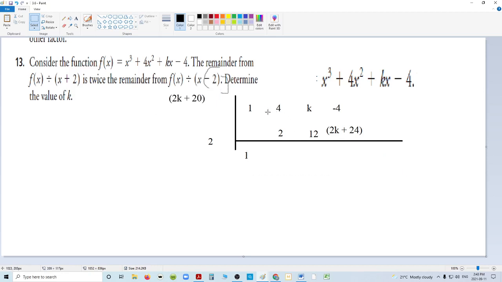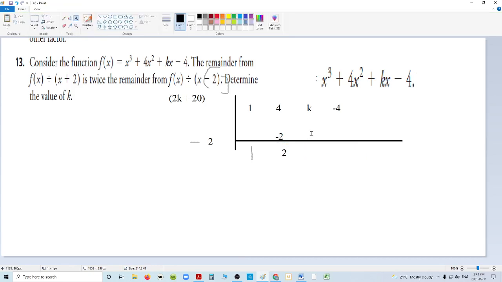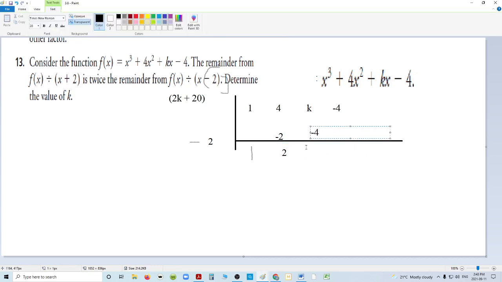Now we're going to go back. We're going to use the other one here, which is minus 2. And we're going to do the same thing again. Bring down the 1. When I multiply that by minus 2, I get minus 2. When I add that together, I get 2. When I multiply, I get minus 4. When I add that together, I get k minus 4.